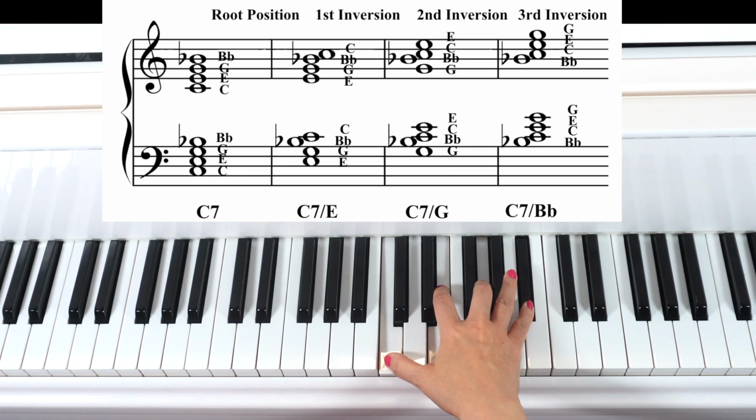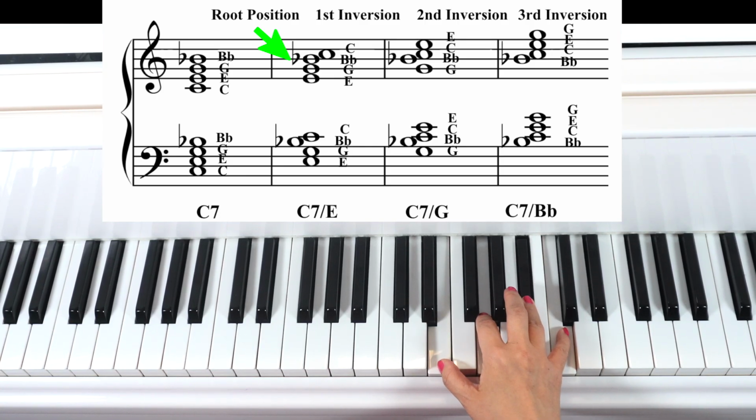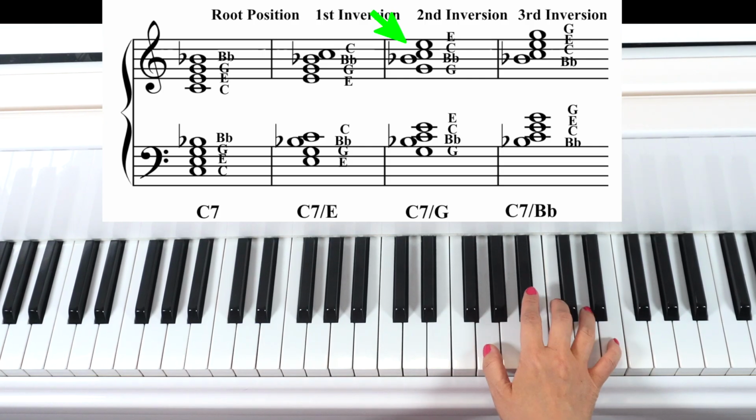Now if we want to play it in first inversion, we move this bottom C an octave up so that E is our bottom note. Okay, so that's E, G, B flat, C. And then second inversion, you move that E an octave up, so G is the bottom note.